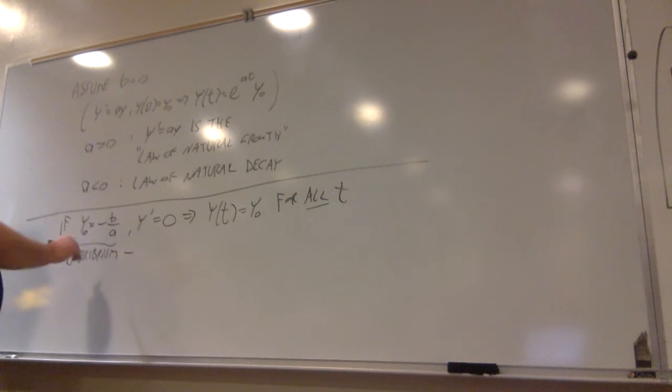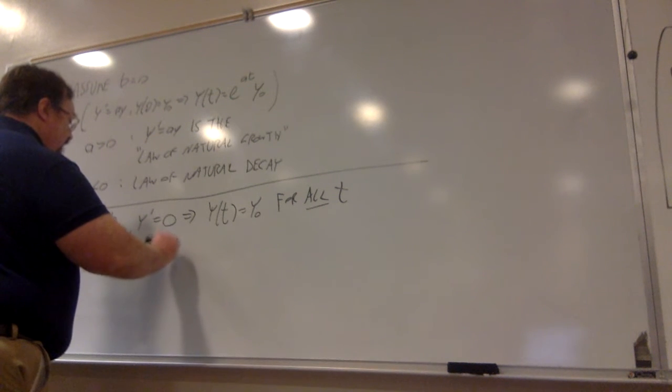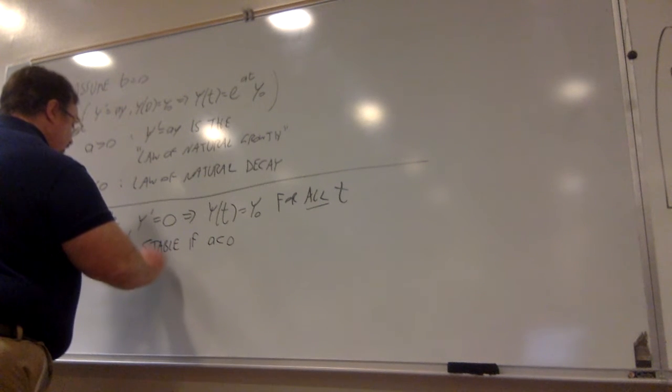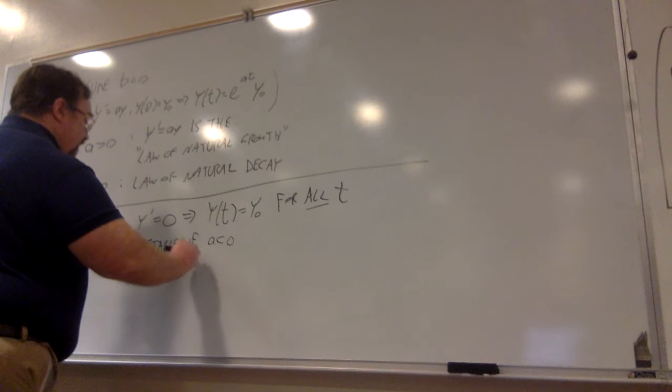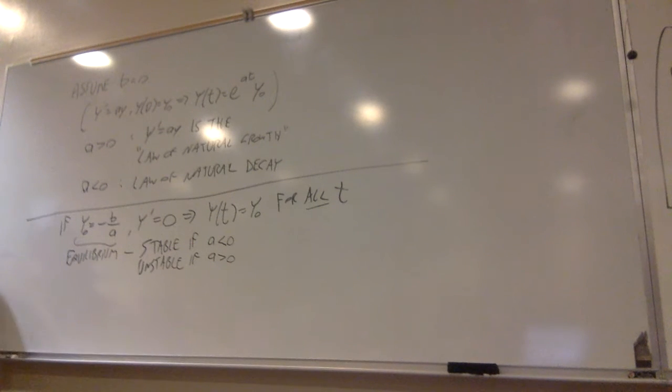Okay, so what we can figure out in this case is that this equilibrium solution is stable if A is negative, unstable if it is positive. There's no possibility for semi-stable here. So if it's negative, then solutions are going to keep decaying towards that equilibrium. If A is positive, they're going to grow exponentially in a direction away from that equilibrium.